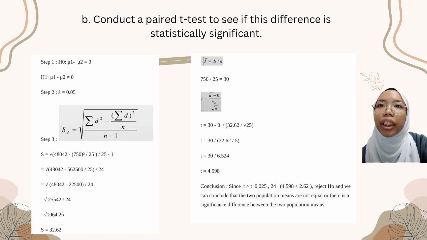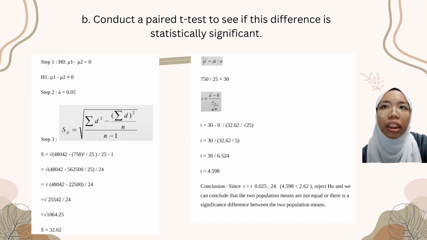Root of 48,042 minus 22,500 divided by 24. Root of 25,542 divided by 24. Root of 1,064.25. S equals 32.62. For D, 750 divided by 25 equals 30.